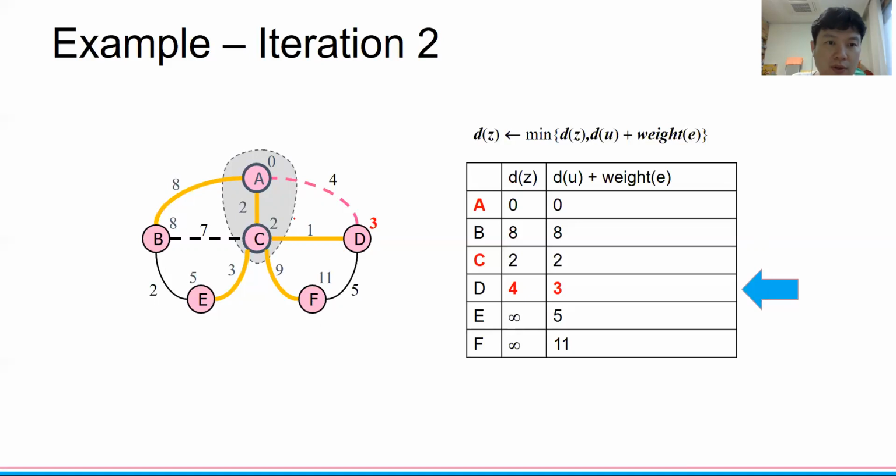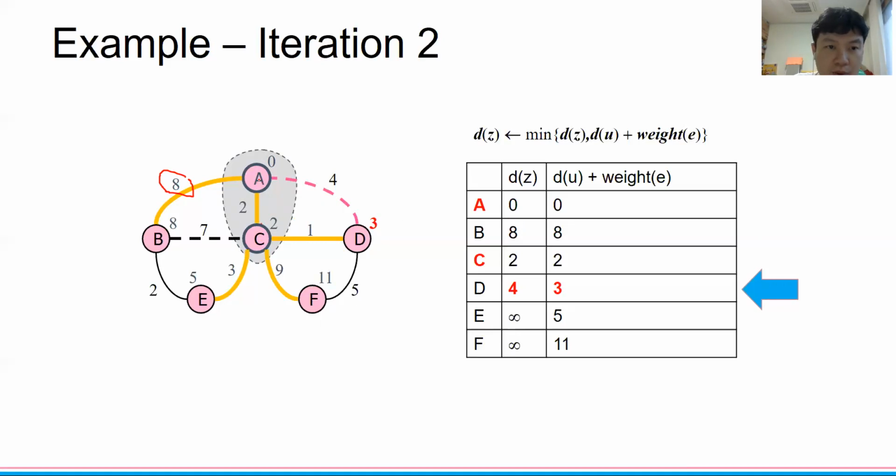So in A, we still have A to B, with the value of 8. Then we check from C. Sorry, we have this A to B again, which is 8.